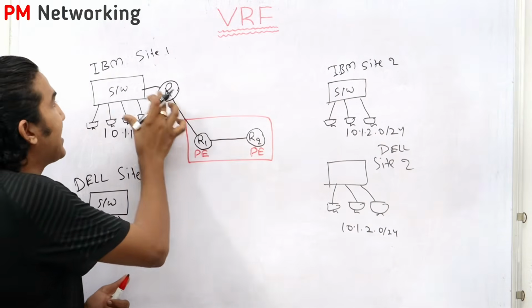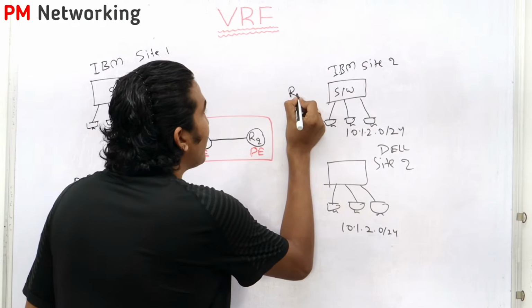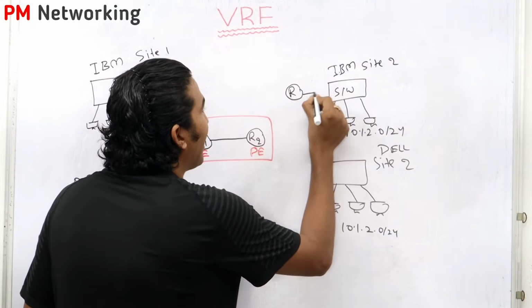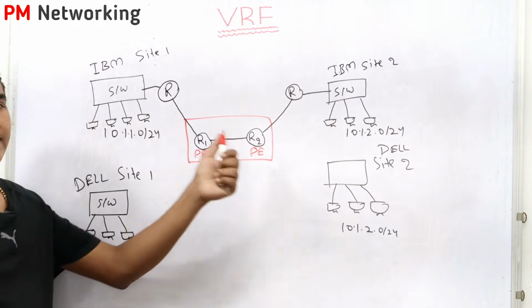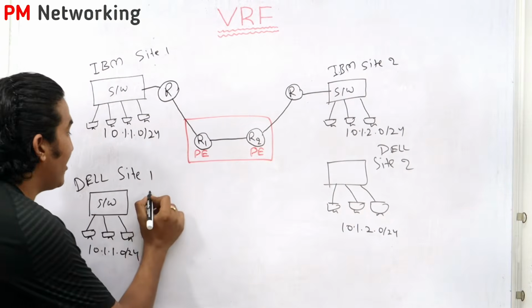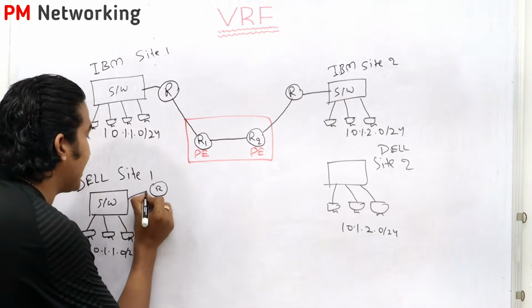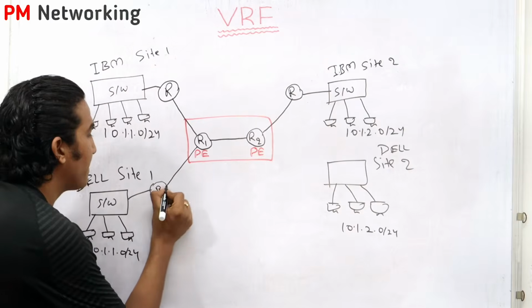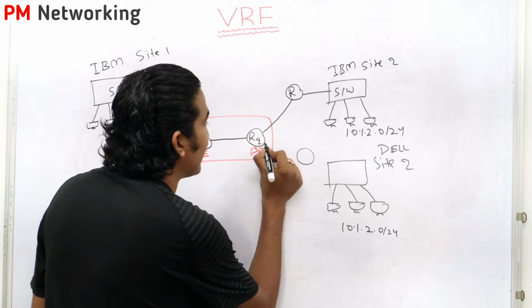First of all, let me connect side 2 of IBM. So here also we will have one router, and through that router both networks of IBM are connected. In the same way, Dell will have one router over here to connect both branches together, and they will have one router here.